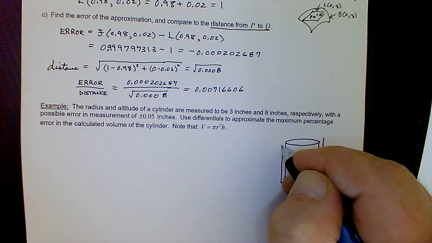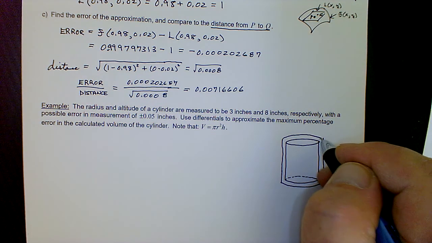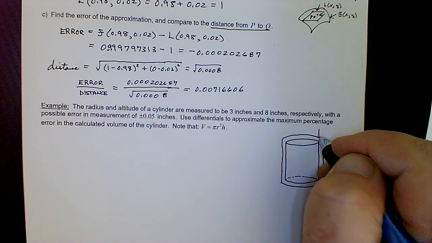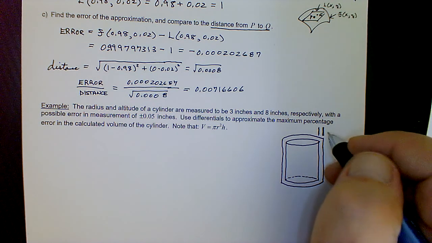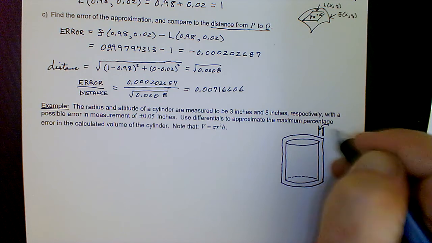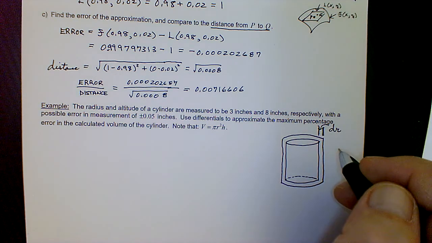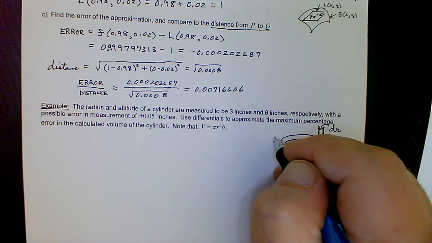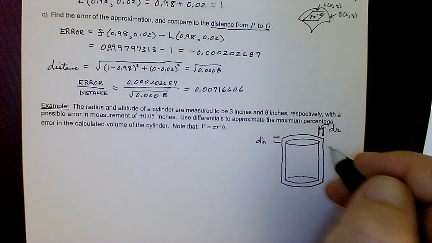So if you draw almost like an outside casing, that distance there would be the differential dr. And then this distance here would be the differential dh.